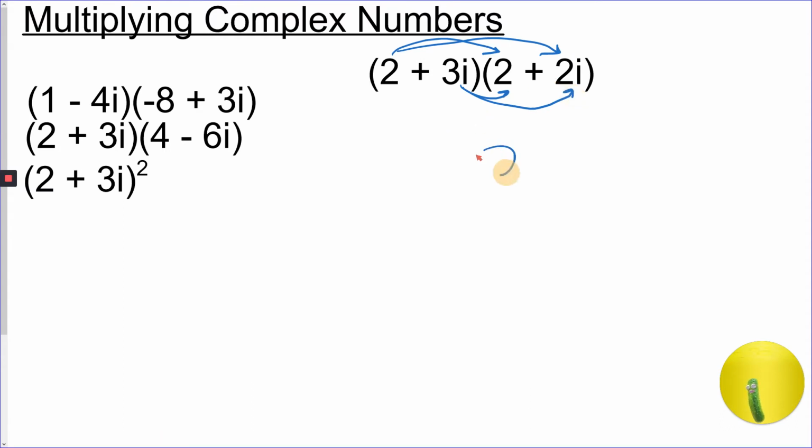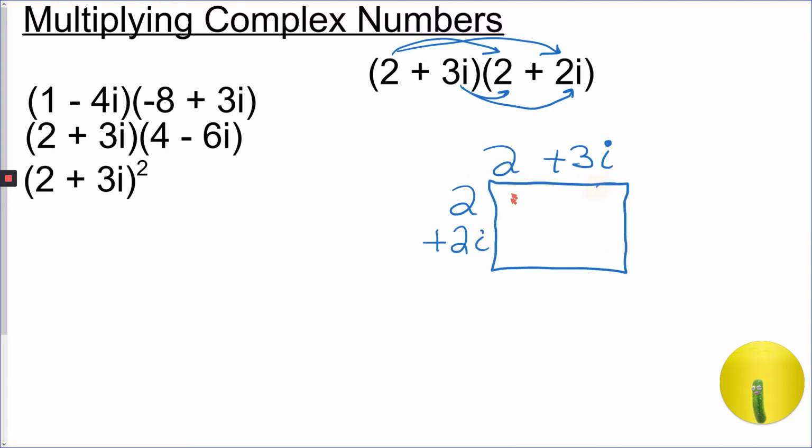Now, I really, really recommend using the box method for this. You know, I love the box method, and I'm going to just draw my little box, and I'm going to show you something that happens here in my box method. So what happens here is I'm going to do the 2 times 2, and I'm going to get the 4 here, and I'm going to do the 2 times the 3i, and I'm going to get 6i, and I'm going to do the 2 times the 2i, and I'm going to get a 4i, and here's the interesting part. 3i, right?